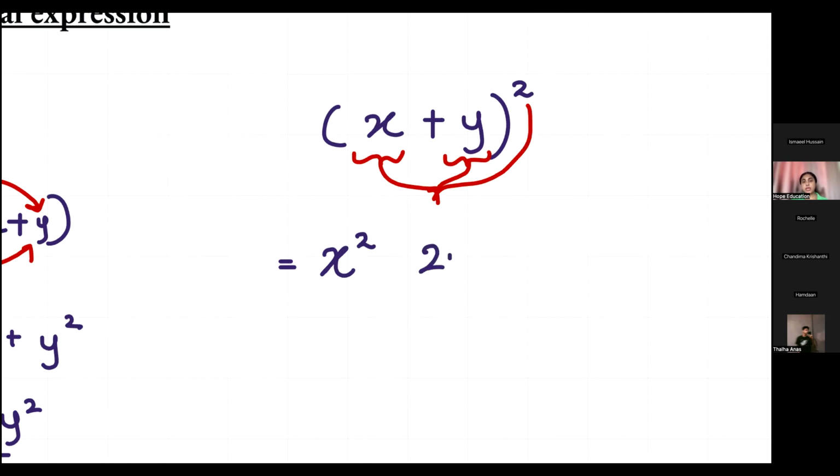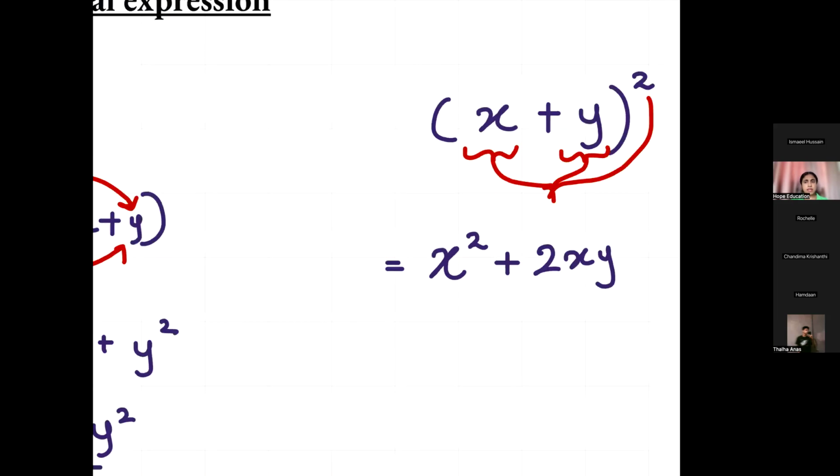Then let's look at the sign. Here there is plus, here there is plus. So plus times plus is plus. And here also there is plus. So plus times plus is plus. Is that clear?